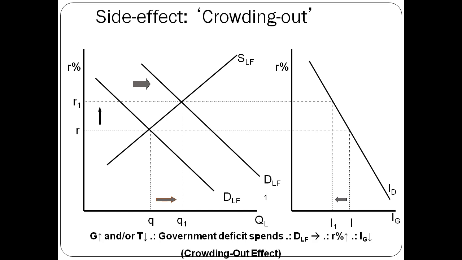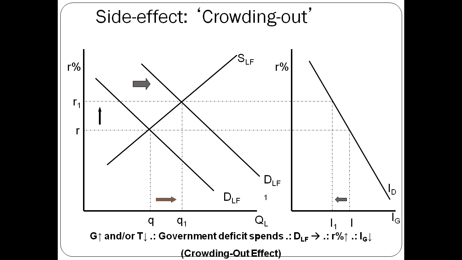So here's basically what happened. You had an increase in government spending and or decrease in taxes. The government deficit spent. That implied that the demand for loanable funds shifted to the right, which implied that your real interest rate went up, which implied that gross private investment went down. So basically this government spending crowded out gross private investment.